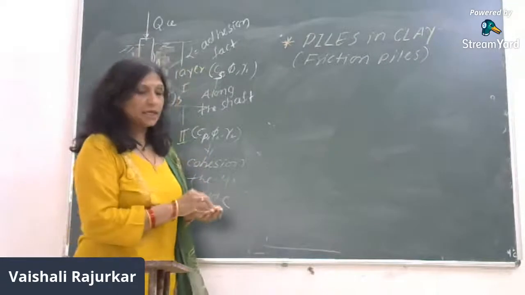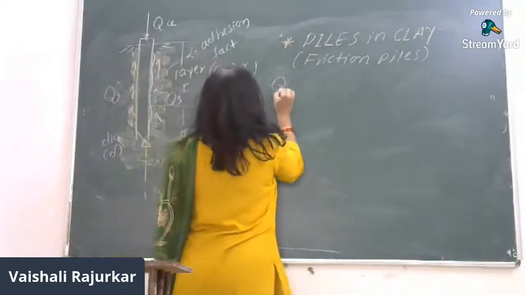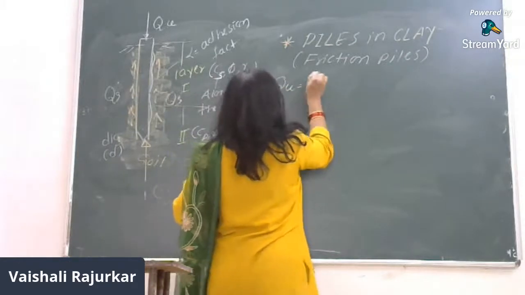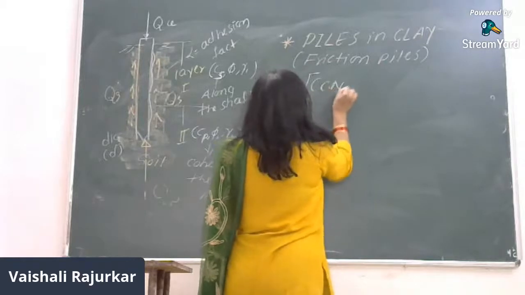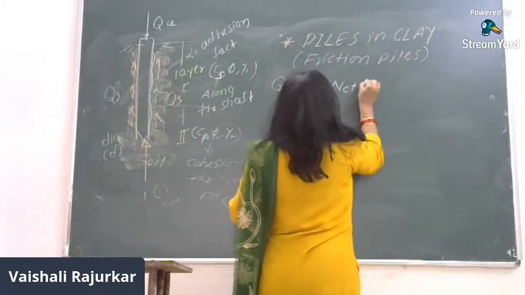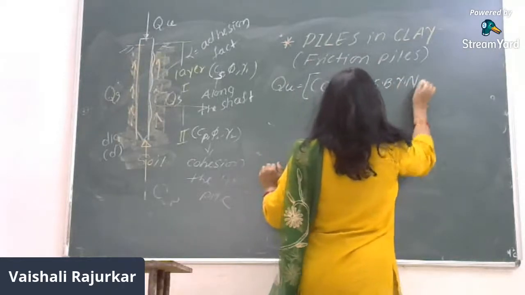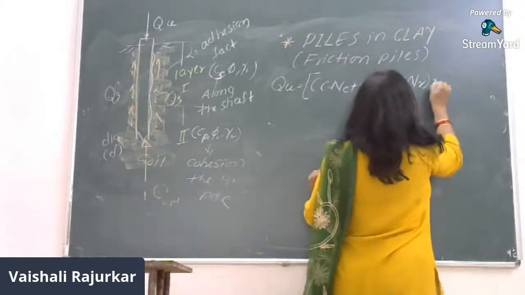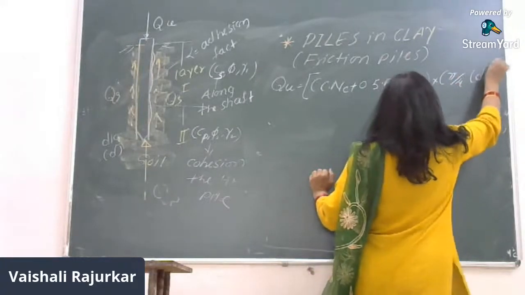Now, what is the equation for QP? In this case, QU is equal to QP plus the friction. QP is C NC plus 0.5 B into gamma into N gamma into pi by 4 B square.